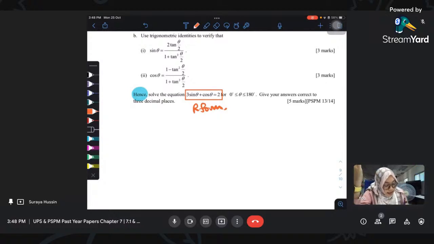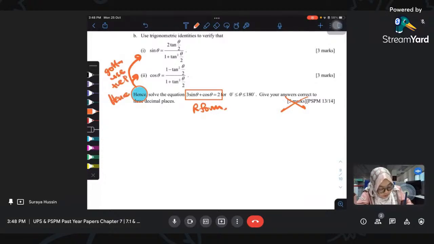Cumanya kamu tak akan dapat 5 markah langsung disebabkan kamu tak faham soalan bahawa dia kata hence. Hence means you gotta use the previous info. Nah, itulah maksud hence untuk mana-mana jenis soalan PSPM. You know, the word hence means you gotta use this thing.